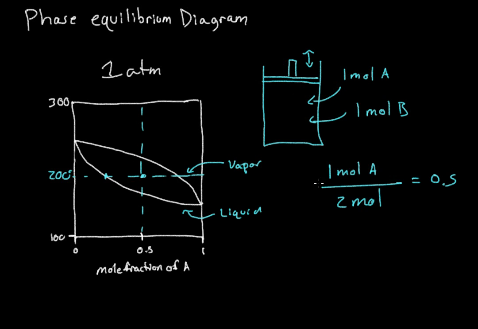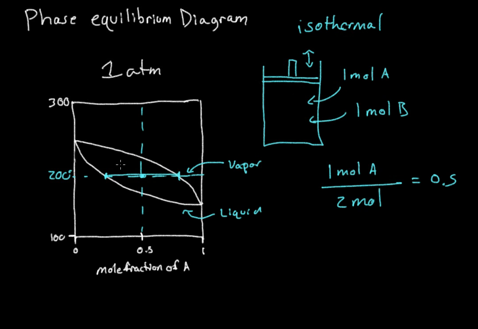It is isothermal. So there is a liquid and a vapor, and we'll be looking at this total distance.